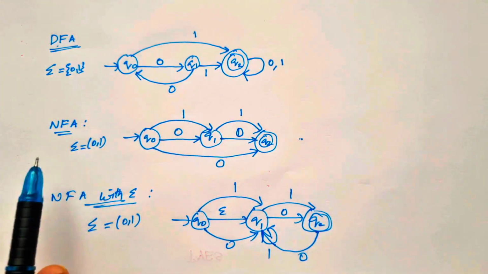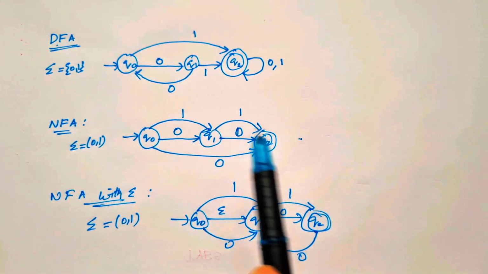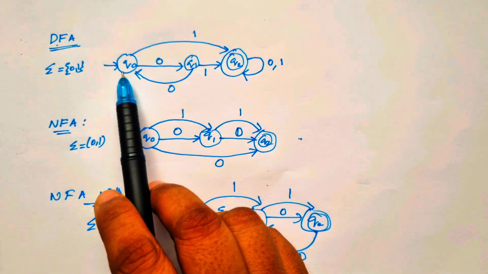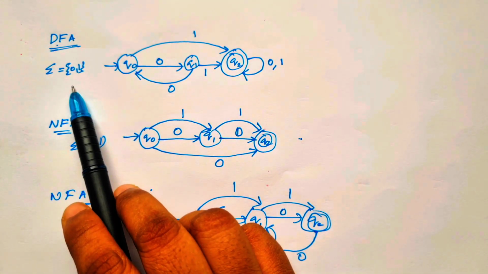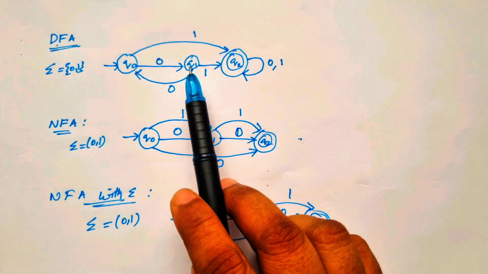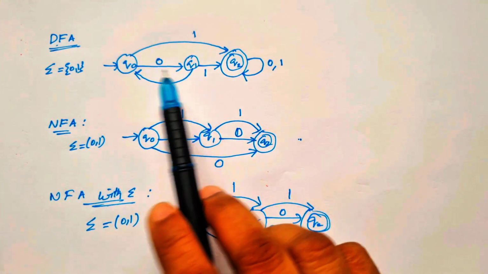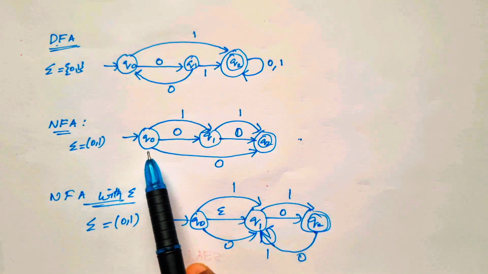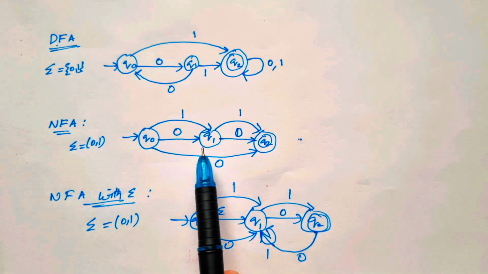Again, see the difference between DFA and NFA. The main difference is if you consider a combination of a state and an input symbol, there will be exactly one transition in DFA. Coming to NFA, there can be 0 or more transitions.